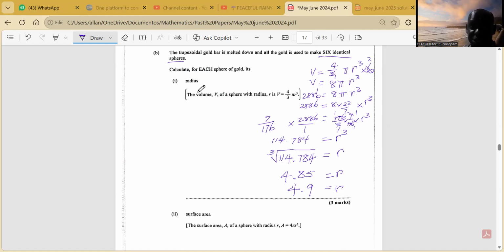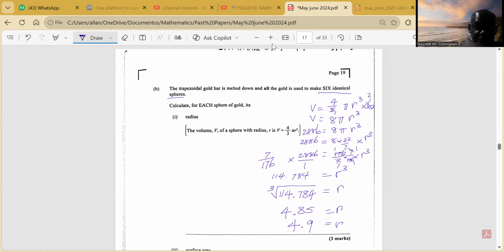Calculate for each. Oh, no, no, no. We made a mistake. No, that would be correct. We had to multiply by 6. Yeah, that's correct.